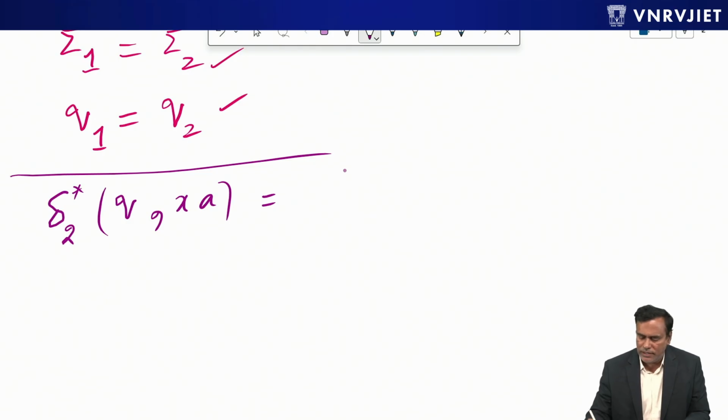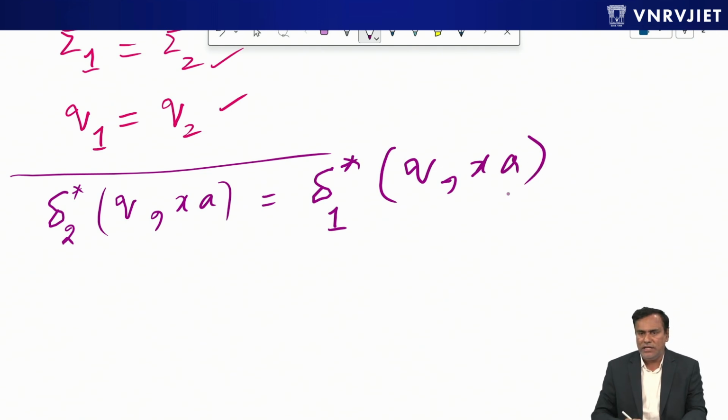If they both accept the same language, the transition function of the NFA is delta 1, so it must be equal to delta 1 star of QXA. If they both accept the same language, then this must hold good.